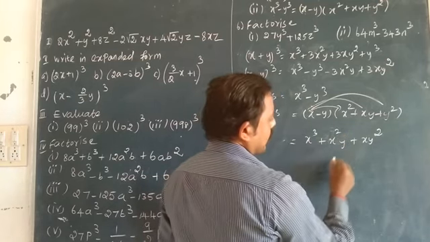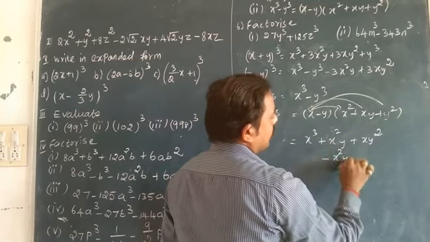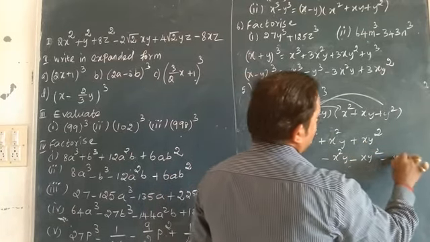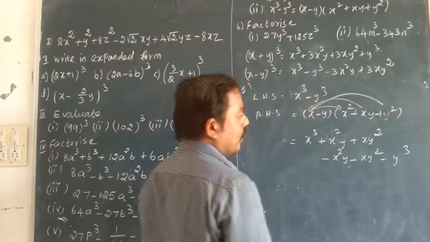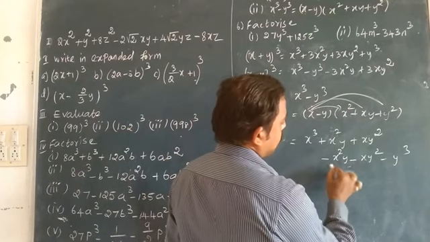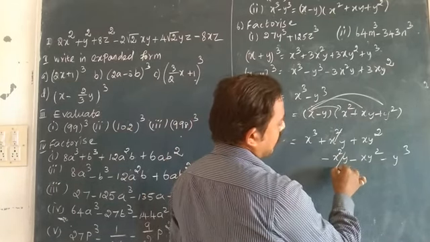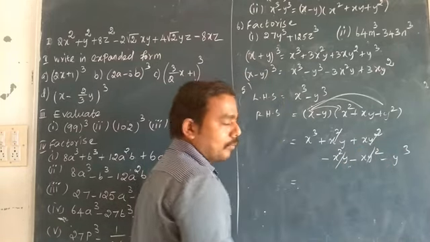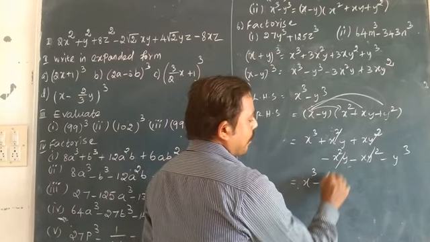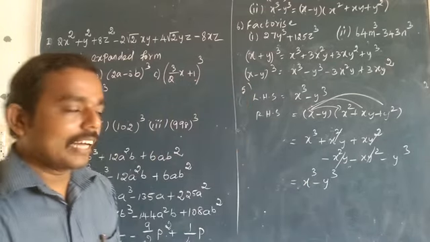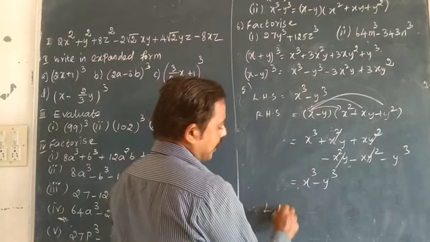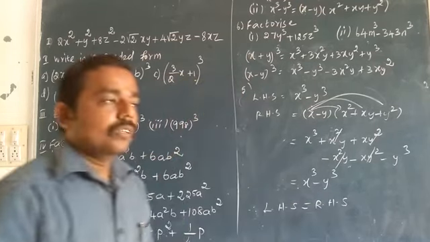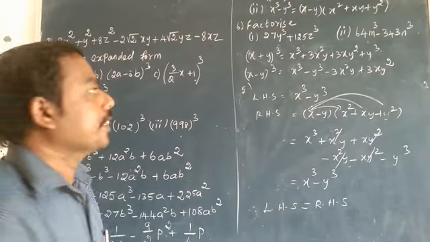Next minus with this, minus x squared y, so minus xy squared, then minus y power 3. Once again, x squared y minus x squared y you can cancel, xy squared you can cancel. You can cancel your like terms. So x power 3 minus y power 3 is your right hand side. So therefore left hand side equal to right hand side. So it's verified. Like that you can give your answer.